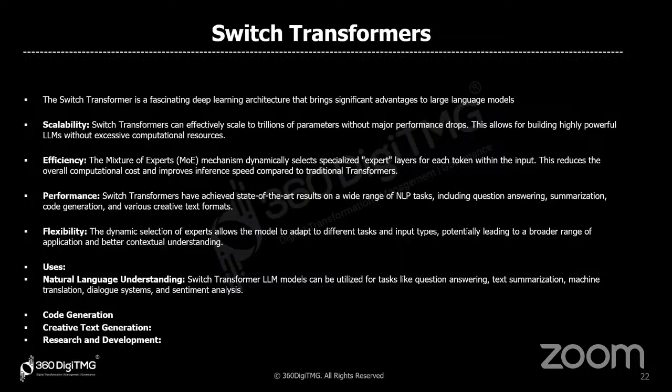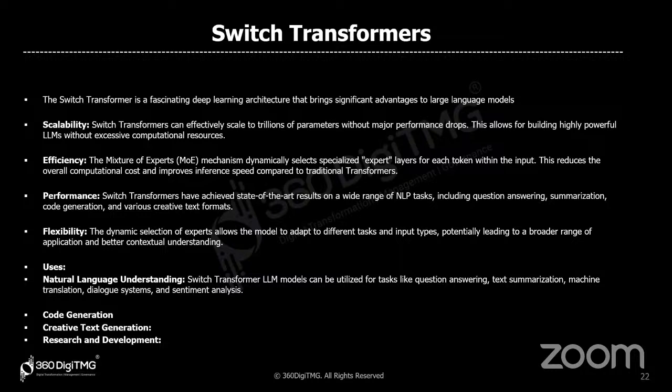This allows for building highly powerful LLMs without excessive computational resources. Then efficiency. The mixture of experts, that is the MoE mechanism, dynamically selects specialized expert layers for each token within the inputs. This reduces the overall computational cost and improves inference speed compared to that of the traditional transformer.